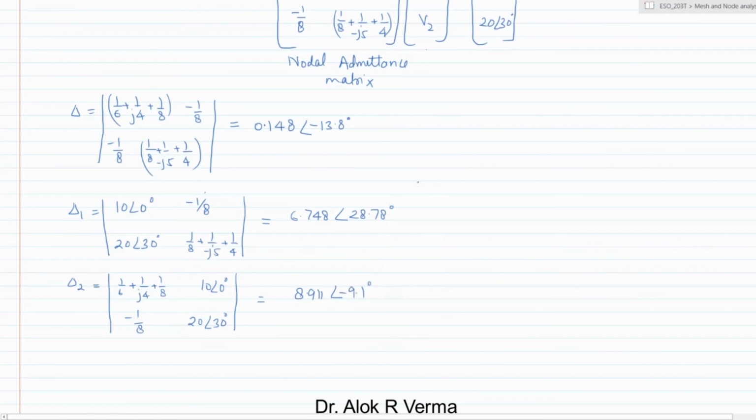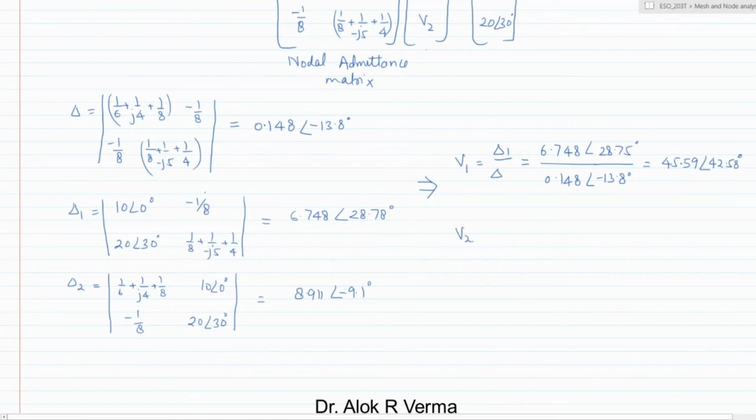Okay, from here V1 will be nothing but del 1 by del. Put the values: 6.748 angle of 28.78 divided by 0.148 angle of minus 13.8 degrees. We'll get the answer as 45.59 and angle of 42.58.